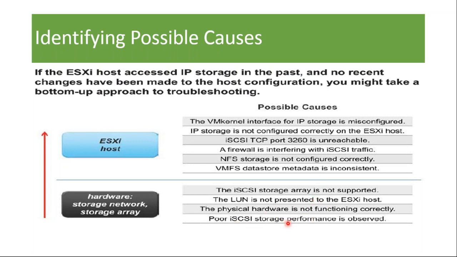And poor iSCSI storage performance is observed on your storage. It means within your iSCSI storage, your storage is having very poor performance due to some other backups running, or your storage is occupied with more IOPS, input output operations.